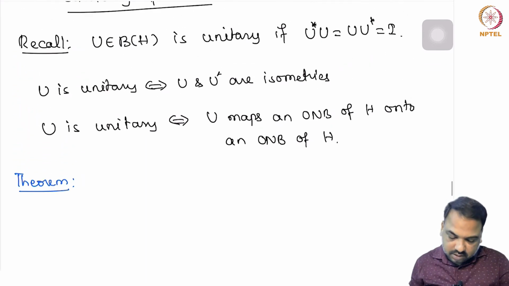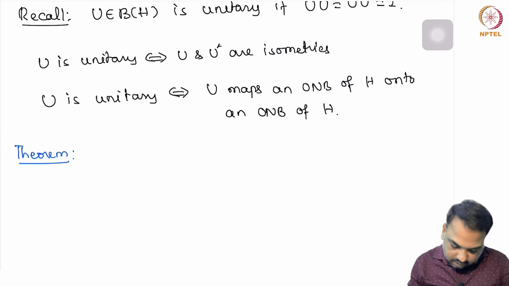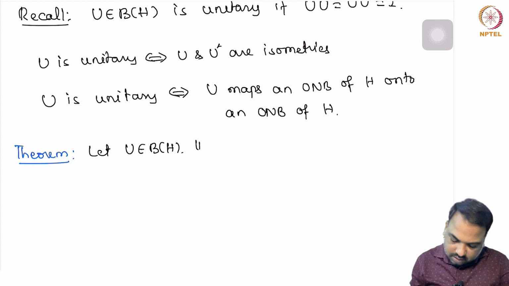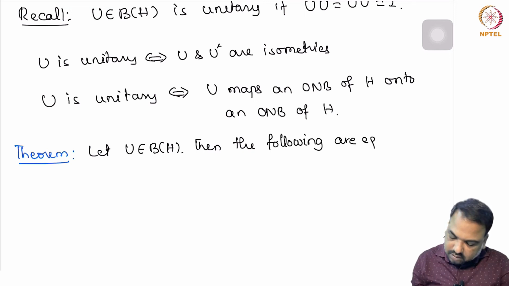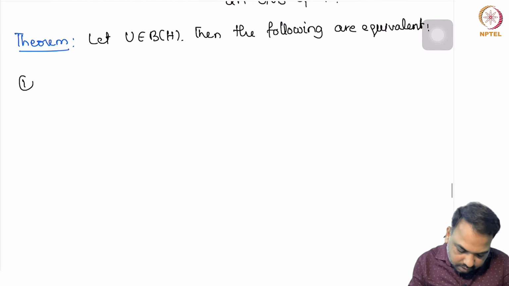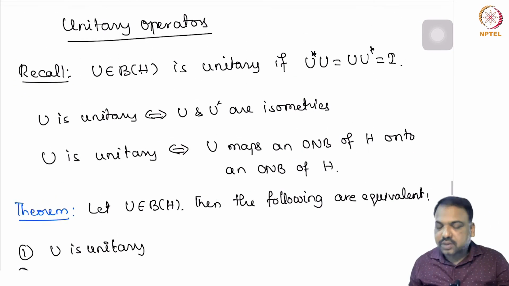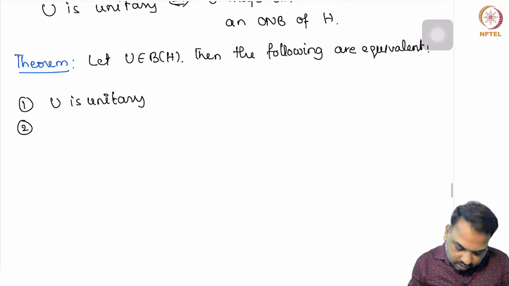So we list out all the characterizations of unitary operators. Let us take U to be a bounded linear operator on H, then the following are equivalent. U is unitary. The second one is, if U*U equals UU* is identity, U you can write as U**. So from that we can conclude that U* is also unitary.